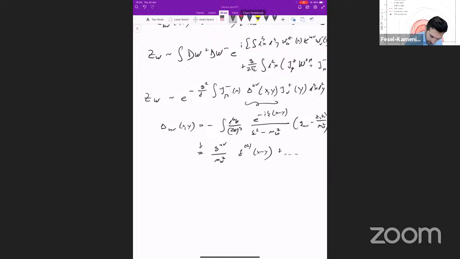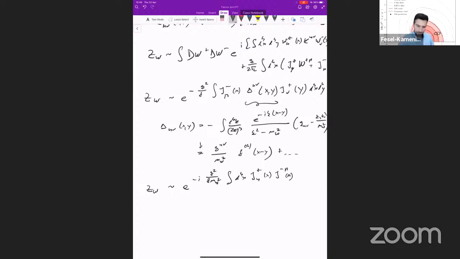What this leads to is that our generating functional can also be expanded, and at leading order in this 1 over m_W expansion, it will have the form g squared over 8 m_W squared, integral d4x, J mu plus of x, J minus mu of x.